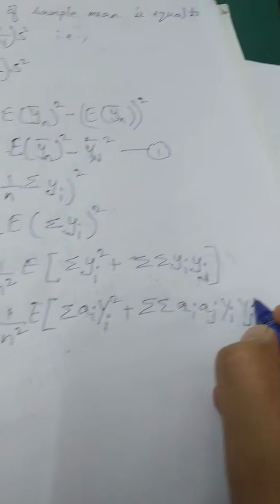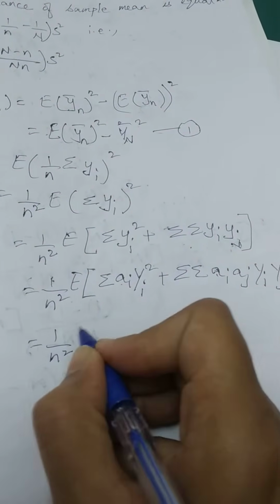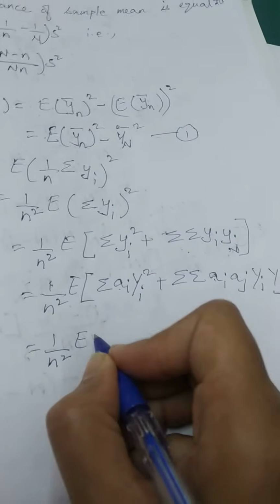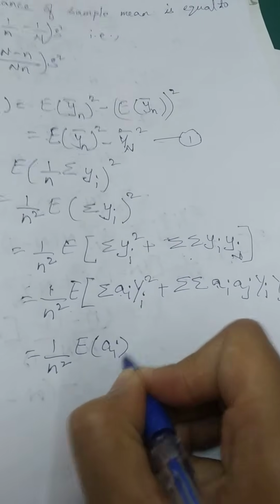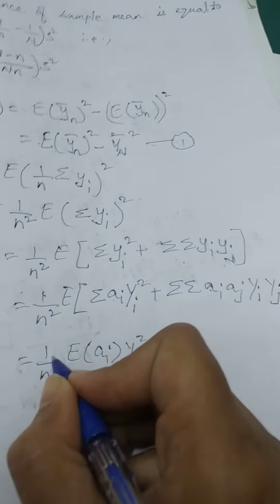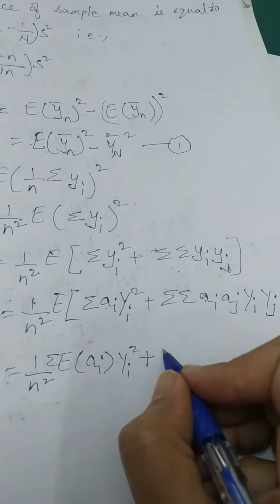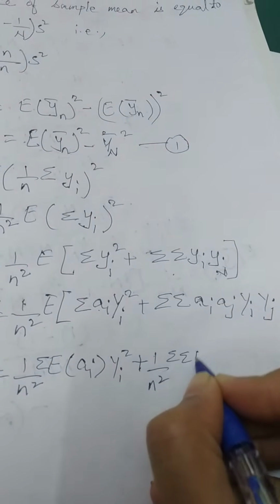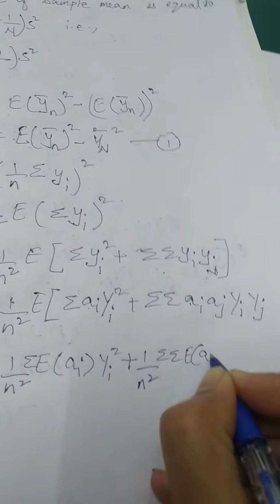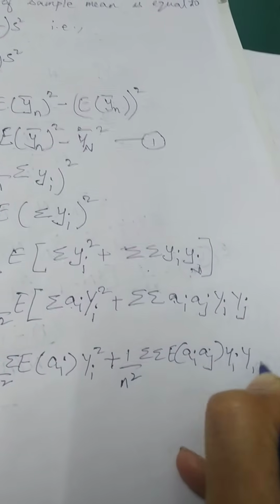Now we will write 1 by n square of expectation of ai Yi square, here I will put summation. Then plus 1 by n square summation expectation of ai aj and Yi Yj, because it is capital Yi and capital Yj.